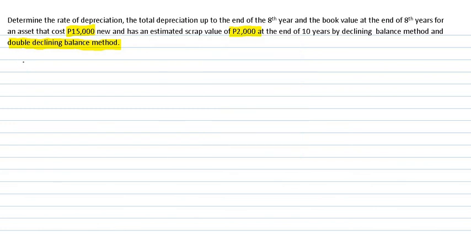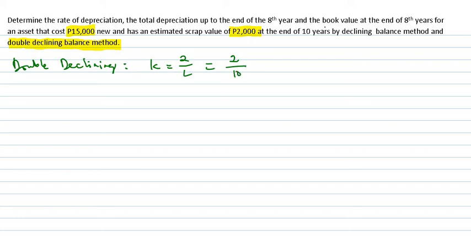Now for the double declining balance, remember our formula for the double declining balance method. Our rate of depreciation, or K, is equivalent to 2 over L, the useful life. So we have here 2 divided by 10.